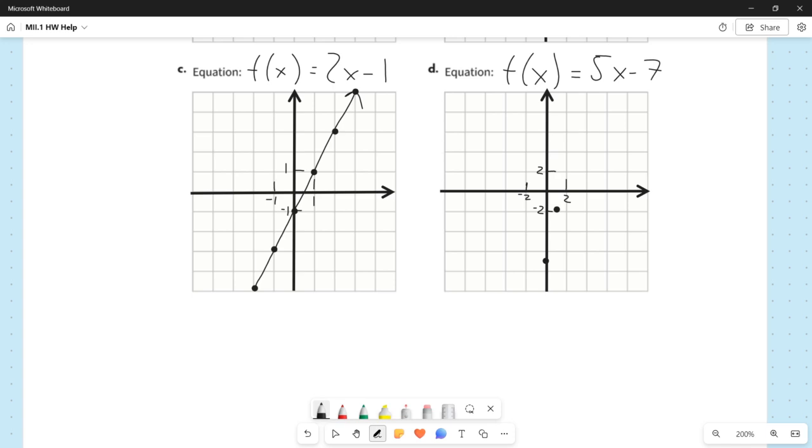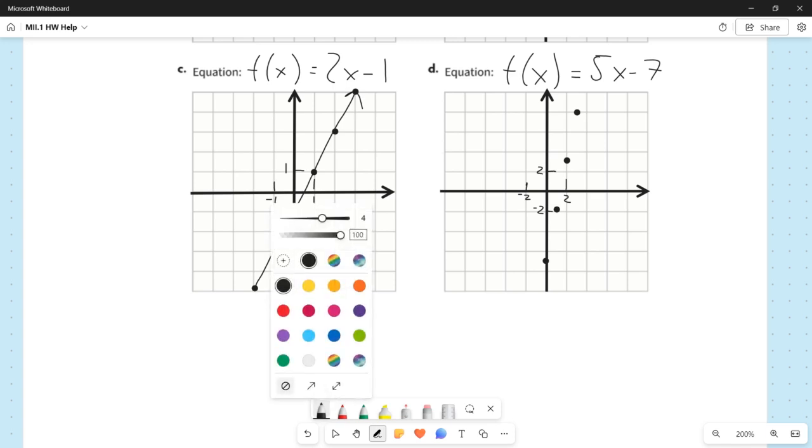If we do it again, if we go from -2, if we go up 5, that brings us to +3, and we go to the right, that brings us to +2, which puts us right there. If we do it one more time, it should fit. And so from 3, if we go up 5, that brings us to 8, and then over 1 brings us to +3, which is right there.